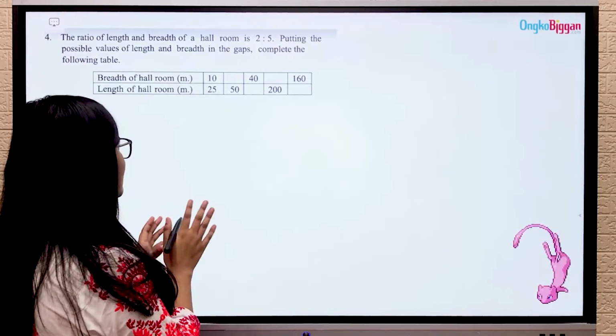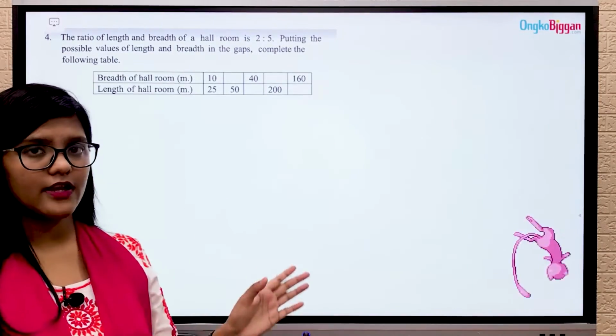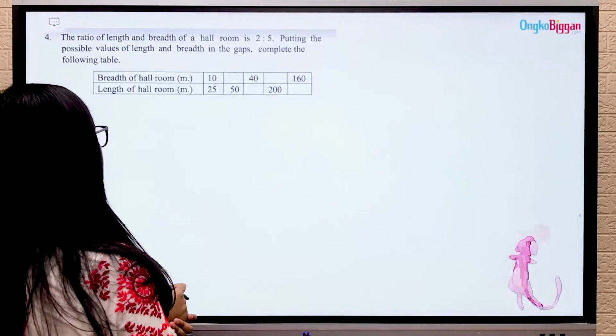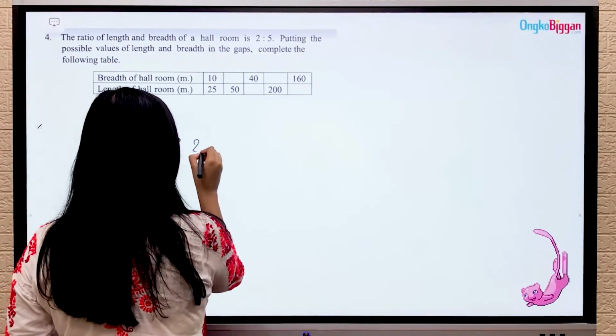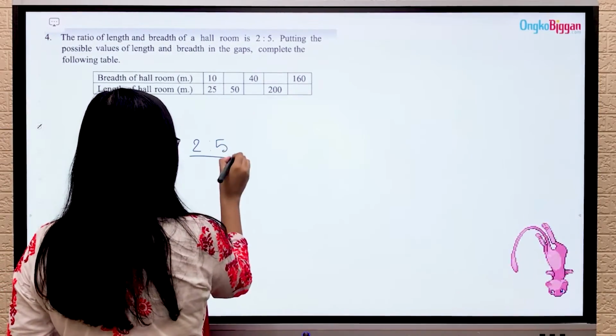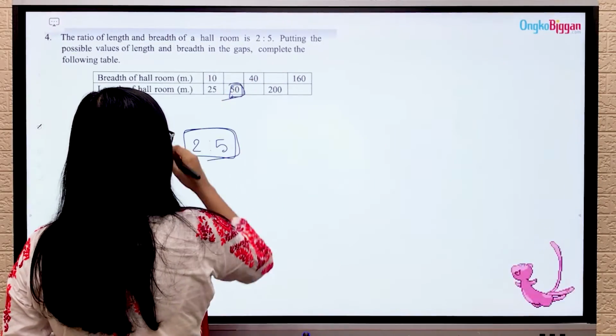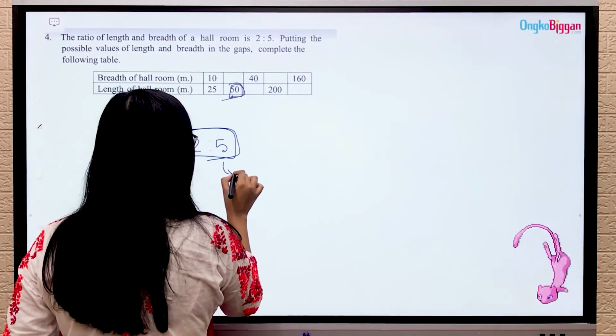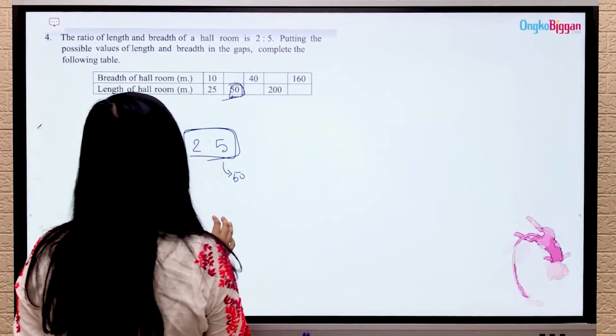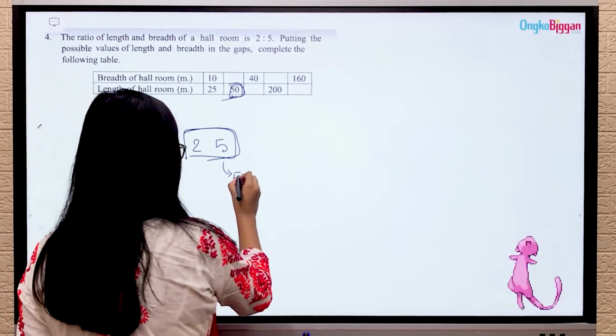For this it's very easy to compare, but when you are given very big numbers, then what you will do is, we are given a certain ratio and we are given one side, like if we are given only 50.